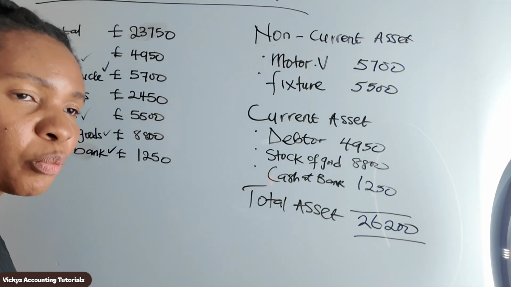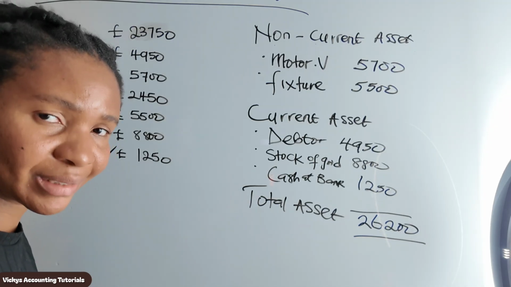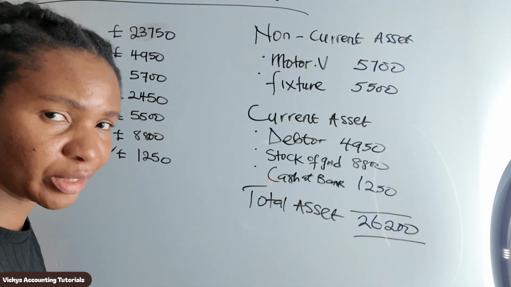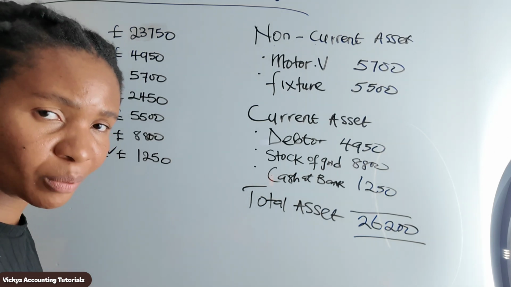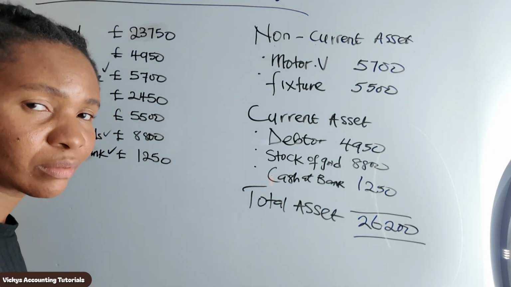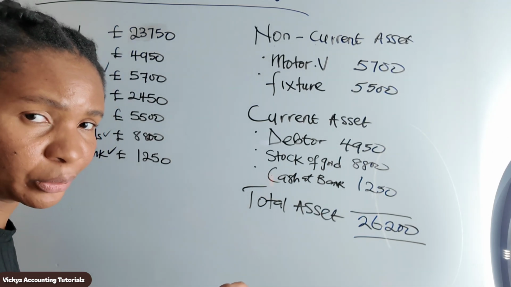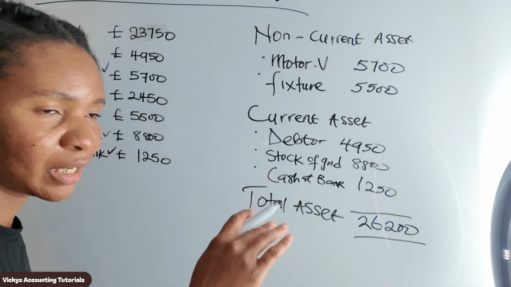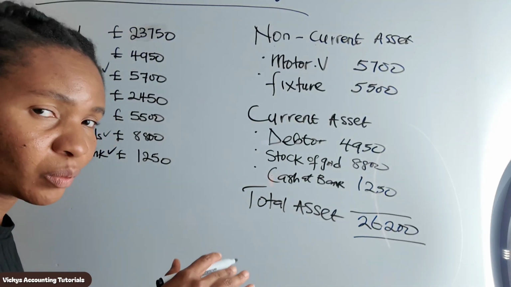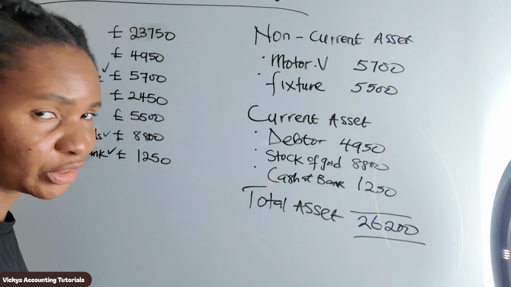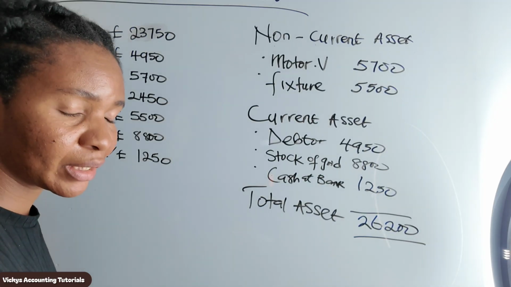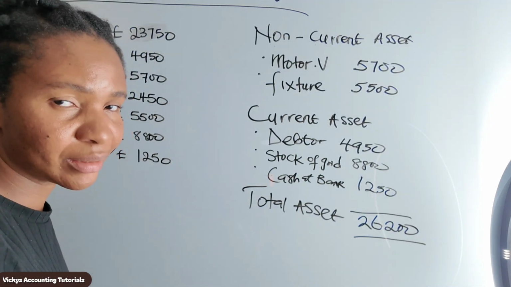For limited companies or big corporations, the name is different. It is called equity, right? But for small businesses, it is called capital. But in this tutorial, I'm going to be using the word equity. But just know that equity can also be interchanged as capital. It is basically the money introduced into the business, right?